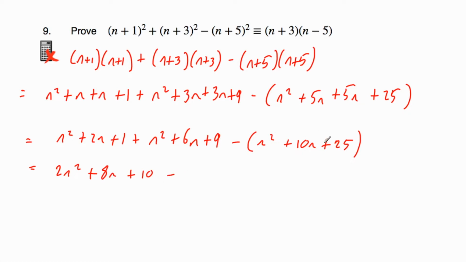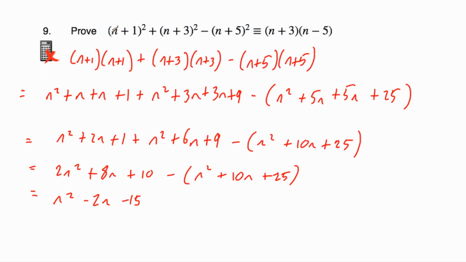Then we take away all of this, n² + 10n + 25. Now let's do our subtraction. 2n squared take away n squared is n squared. 8n take away 10n is minus 2n. And finally 10 take away 25 is minus 15.